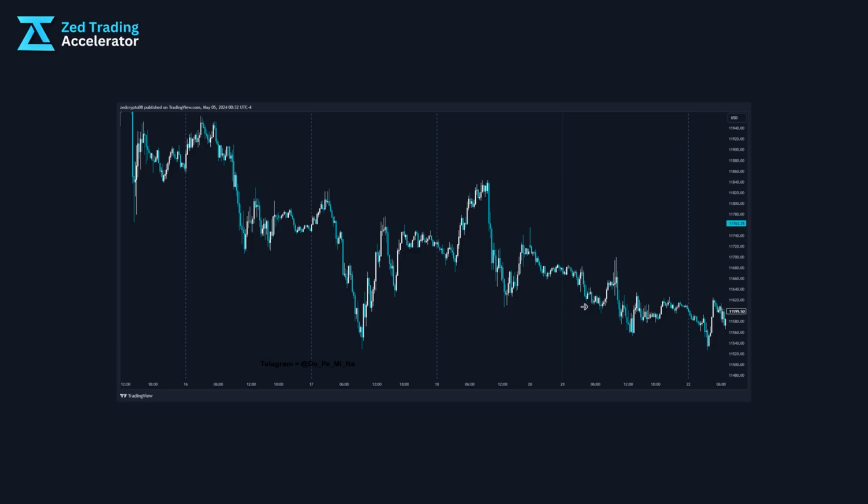This daily template right here is the same as this daily template right here. We created the low of the day at the London kill zone. Price went up, taking out buy-side liquidities, then reversed lower.